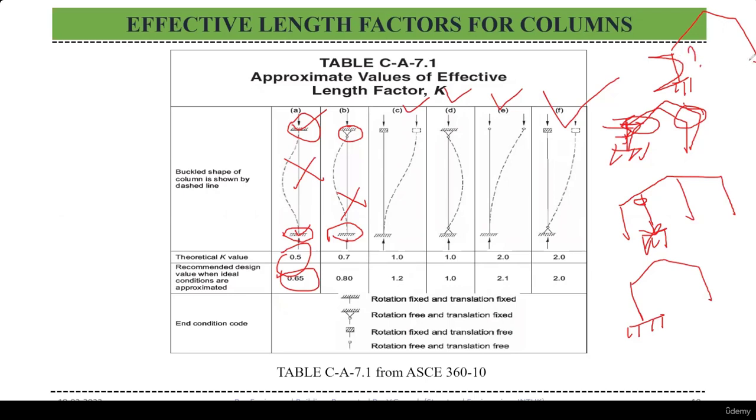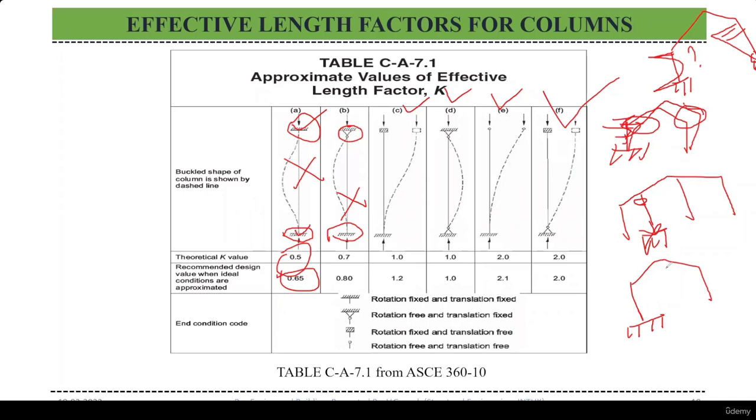But if it is a pinned base, the moment diagram will always be like this, right? Because at the pinned end the moment will be 0, and at the partially fixed end the moment will be much more compared to this pinned end, right? So you can taper the section like this, but in the fixed case, we cannot taper the section.